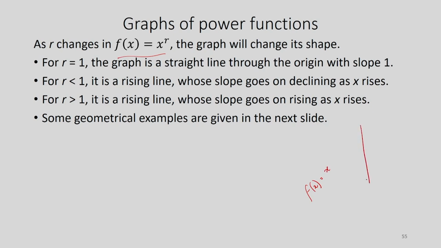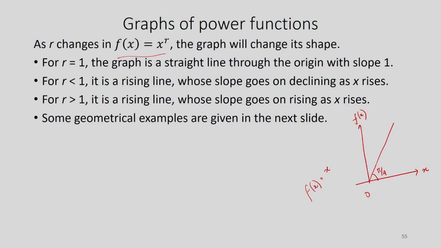So, how does this look? It is a straight line through the origin, making a 45-degree angle with the x axis, y is equal to x. So, this has a slope of 1.